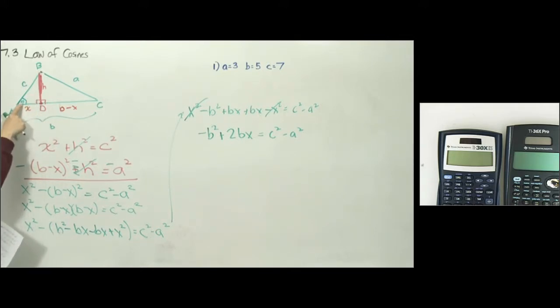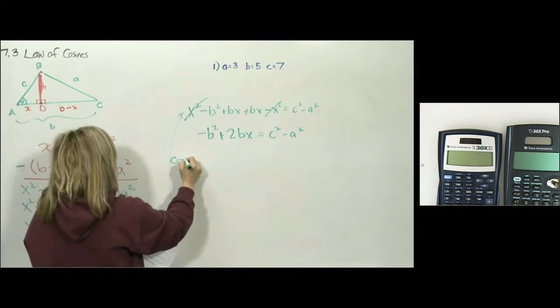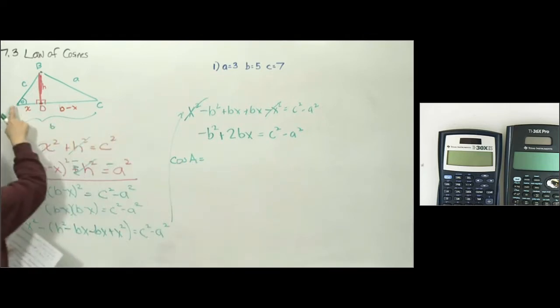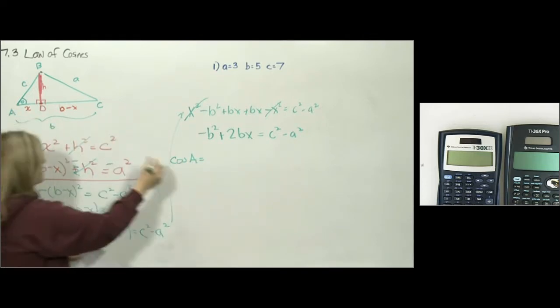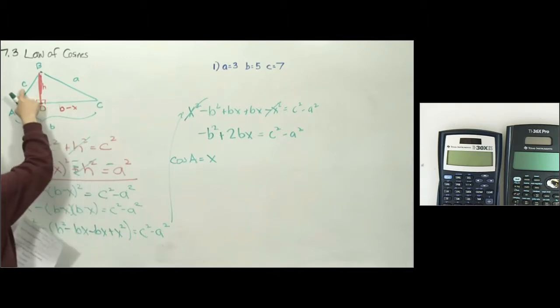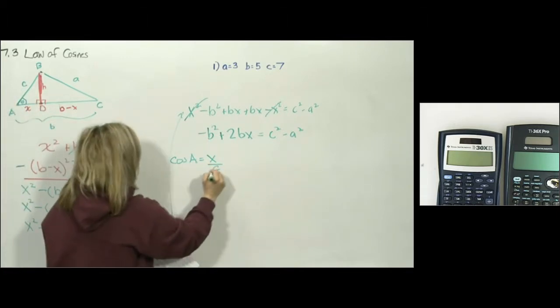So if this is our acute angle, we know cosine is adjacent over hypotenuse. This would be the adjacent side. This would be the hypotenuse. So I'm just going to write that. The cosine of angle A, because that's the angle we're working with, adjacent side is x, and the hypotenuse is c.